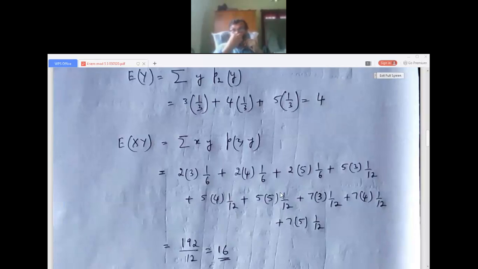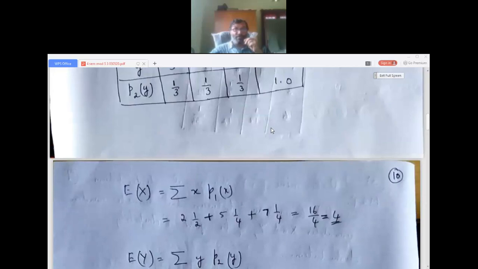Then E of xy. E of xy is given by sigma xy into p of x comma y. How do we find this?